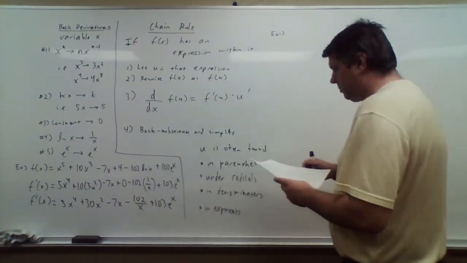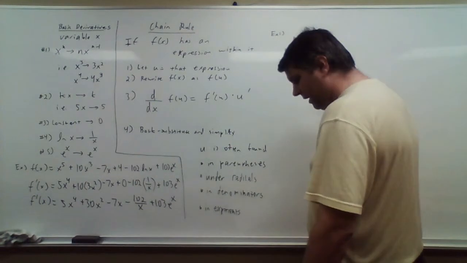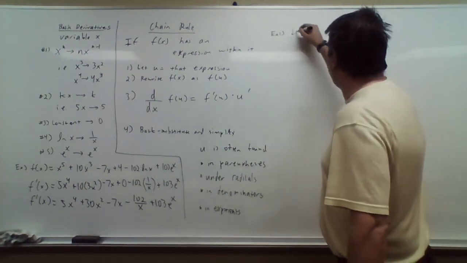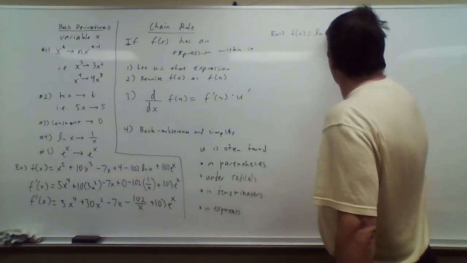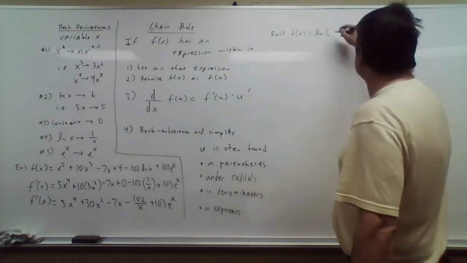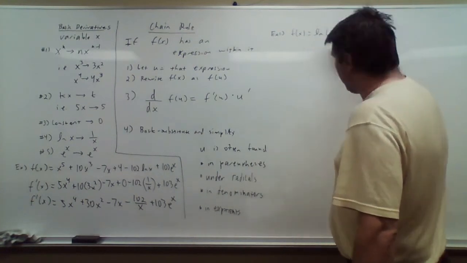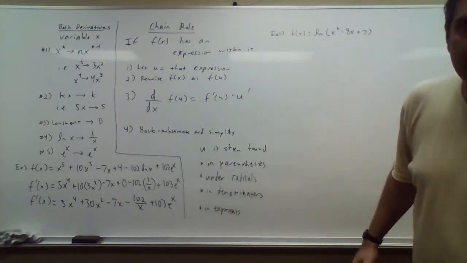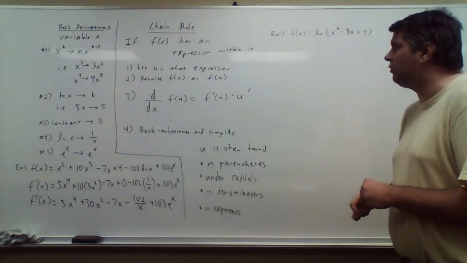I'll go ahead and put an example on the board from a set of notes I have in front of me. f of x equals the natural log of x to the sixth minus 8x plus 7. Okay. The chain rule.